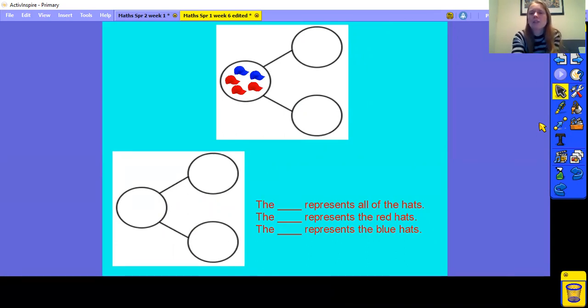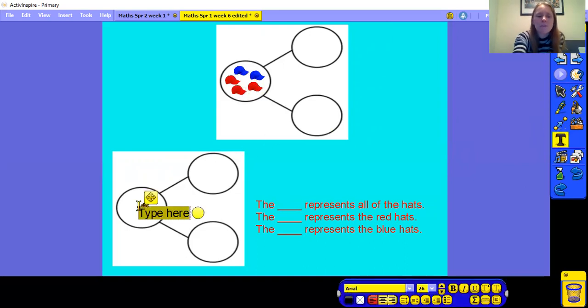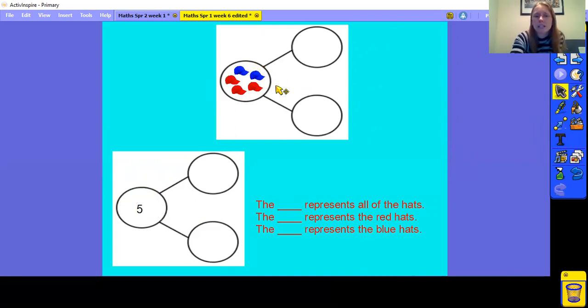How many hats do we have all together? 1, 2, 3, 4, 5. I'm going to write number 5 here to represent all of these hats. We have 5 hats, so I've written number 5. Remember, the 5 represents all of the hats.